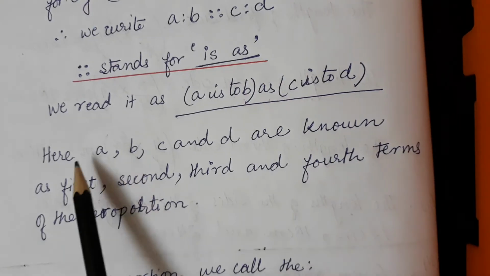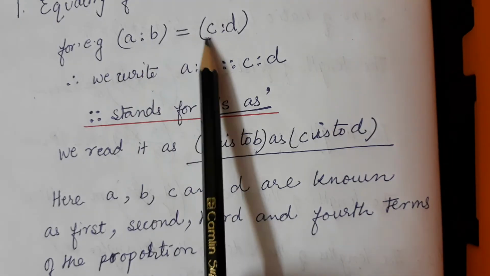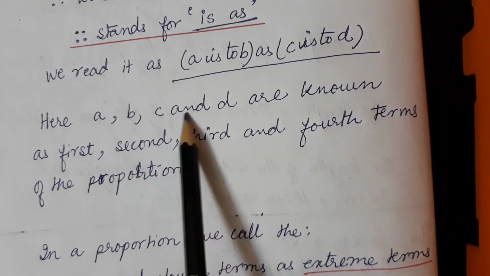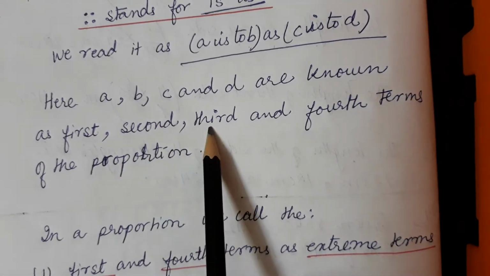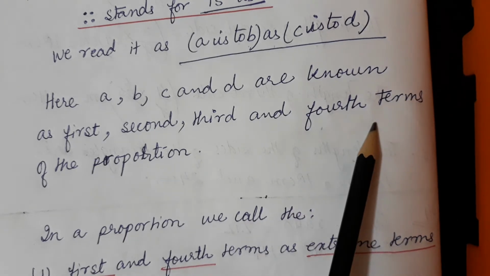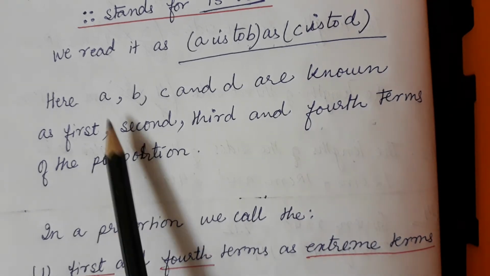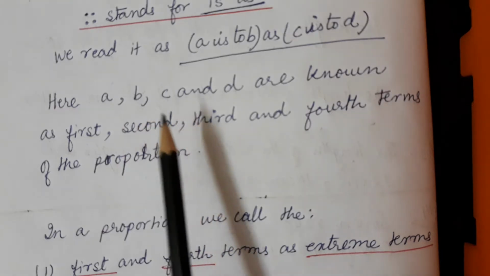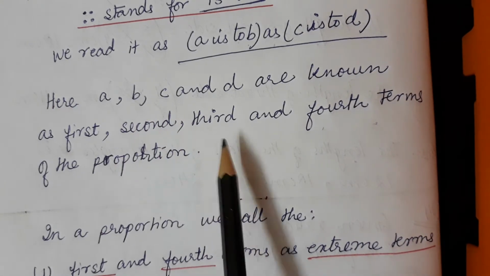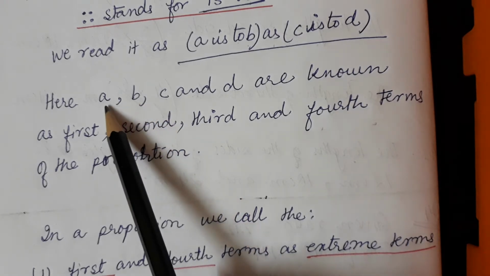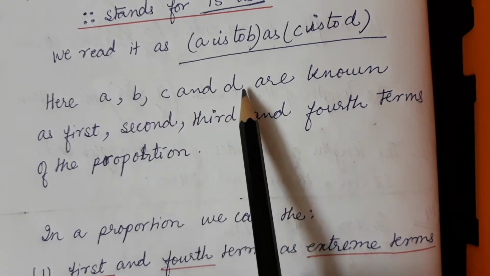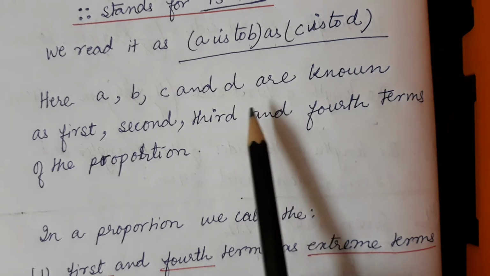Now, because we have taken A, B, C, D, here A, B, C, D are known as the first, second, third and fourth terms of the proportion. In the same order, if we are provided with any numbers, we will take them as the first, second, third and fourth terms.